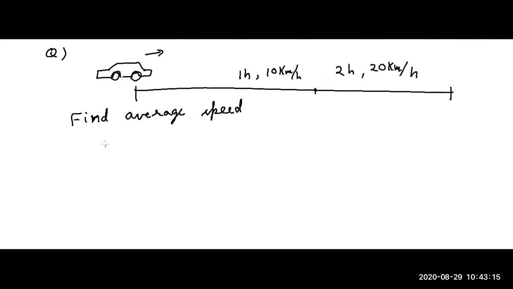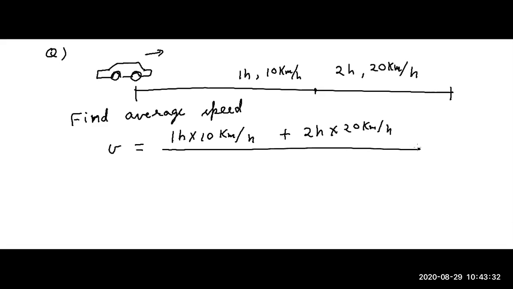For average speed, what we will do is total distance traveled divided by total time. So total distance traveled will be 1 hour into 10 km per hour plus 2 hours into 20 kilometer per hour, divided by 1 hour plus 2 hours.